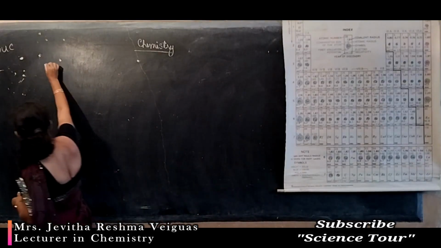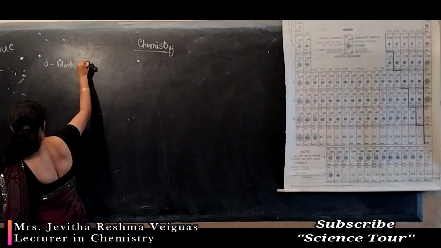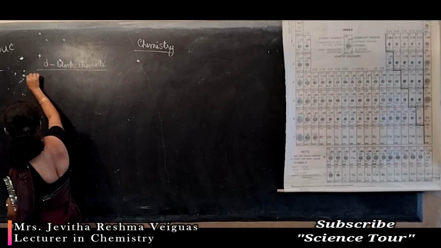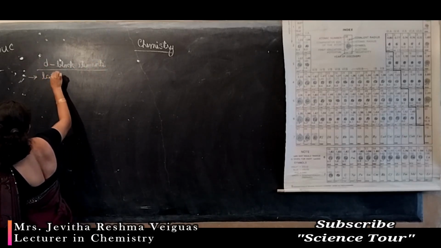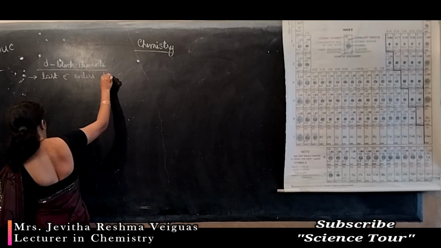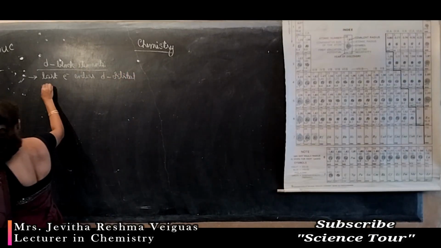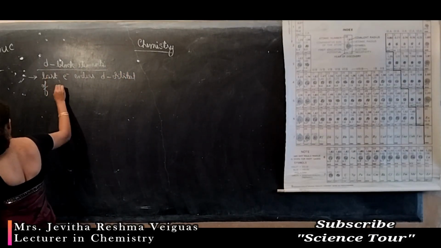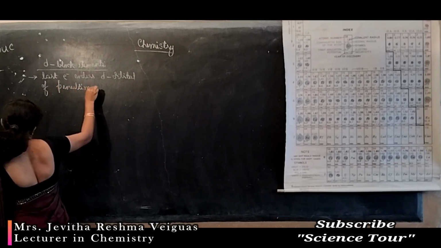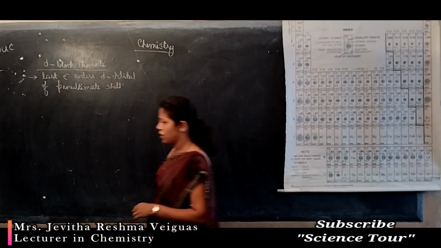Now what is meant by D block elements? What is the speciality about these? D block elements are those in which the last electron enters the D orbital of the penultimate shell.